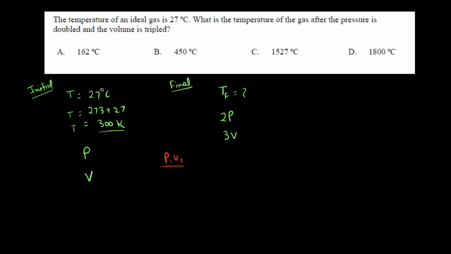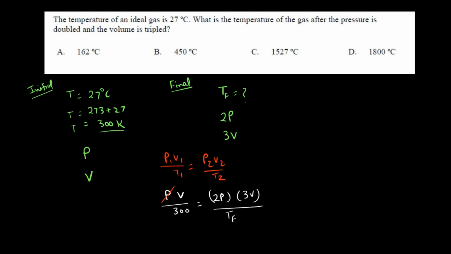P1 V1 over T1 equals P2 V2 over T2, right? So P1 is P, V1 is V, T1 is 300, and P2 is 2P, and V2 is 3V, and T2 is TF, which we need to find.